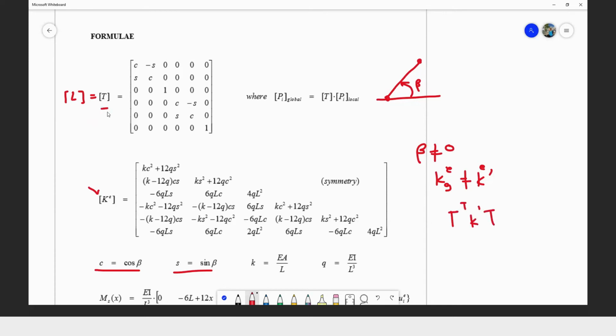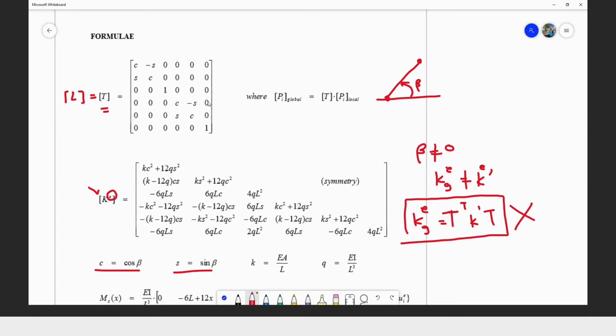This process here, your KG in the element stage, which you have to solve for every single element in your frame structure, can be ignored. Actually, it is not ignored, we have already simplified.